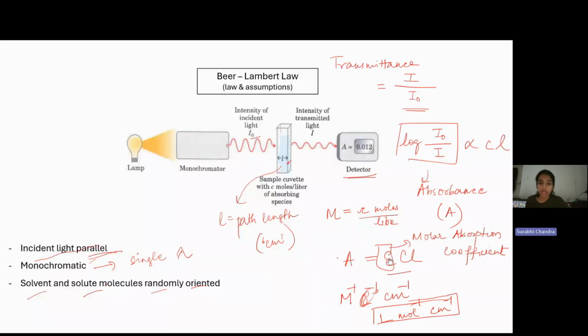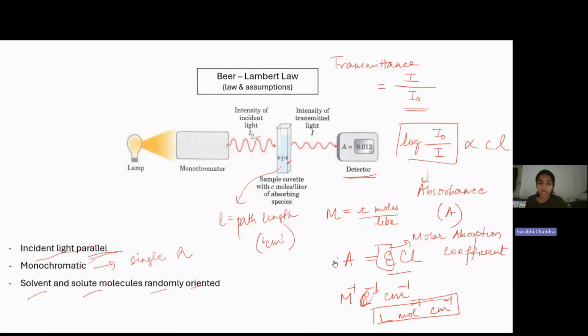Absorbance in general, or transmittance, doesn't have any unit, because it is basically the same quantities, so the same units get cancelled out, right? However, when we talk about the units of the molar absorption coefficient, epsilon will be equal to A upon Cl.